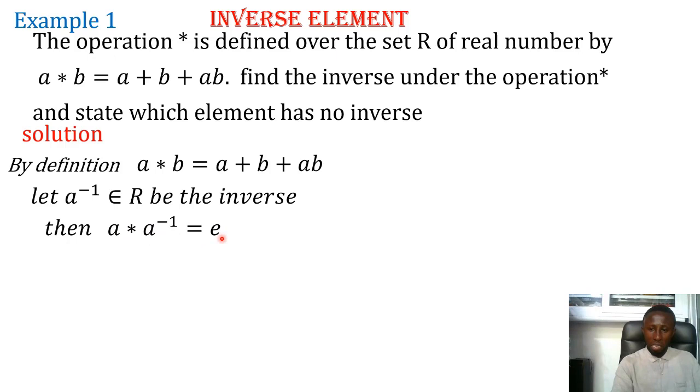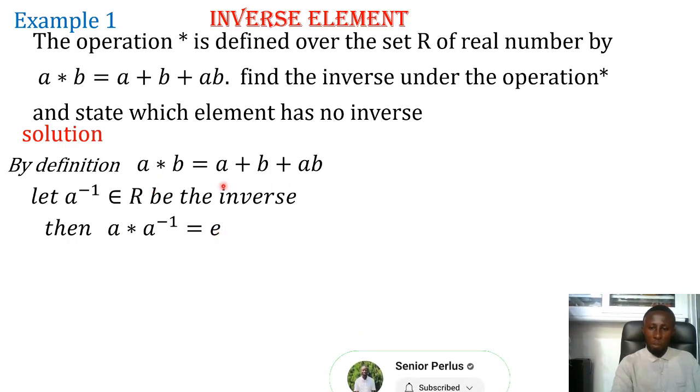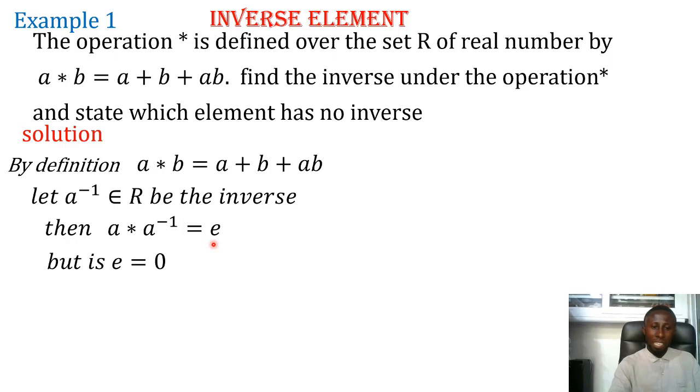This is what we said in the definition. So we have to know the identity element, but we have already solved it in the previous video. We know that the identity element was 0, from example 1 in our previous video. You can go back and watch that one too.